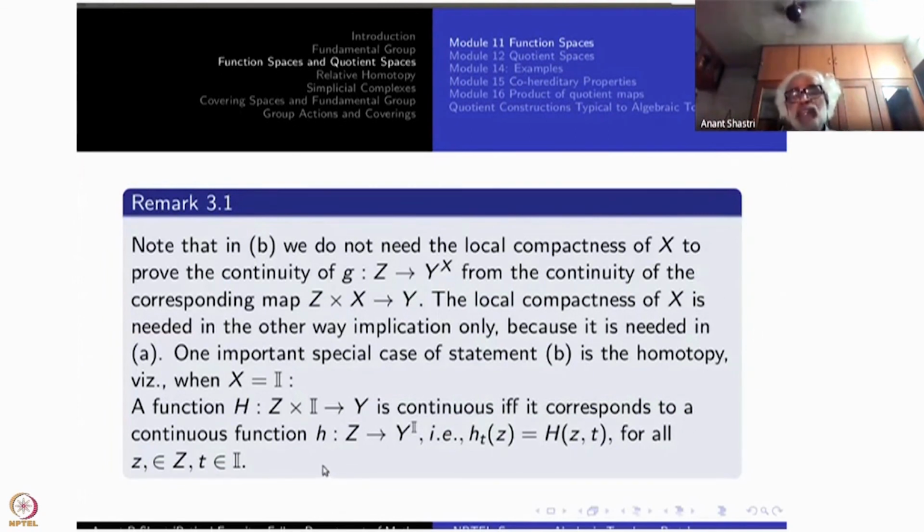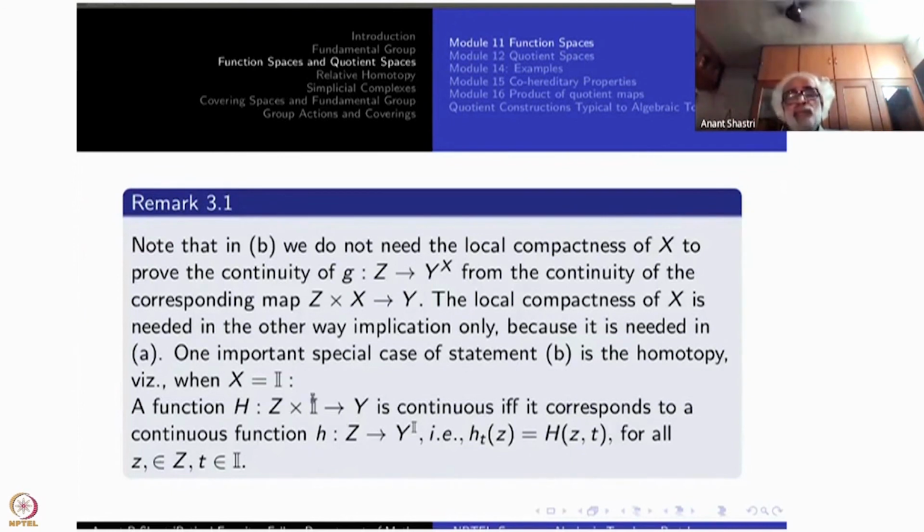This is a very special case, and this goes in the exponent up here. So this must be locally compact, but here it is actually compact Hausdorff. So of course it is locally compact Hausdorff.